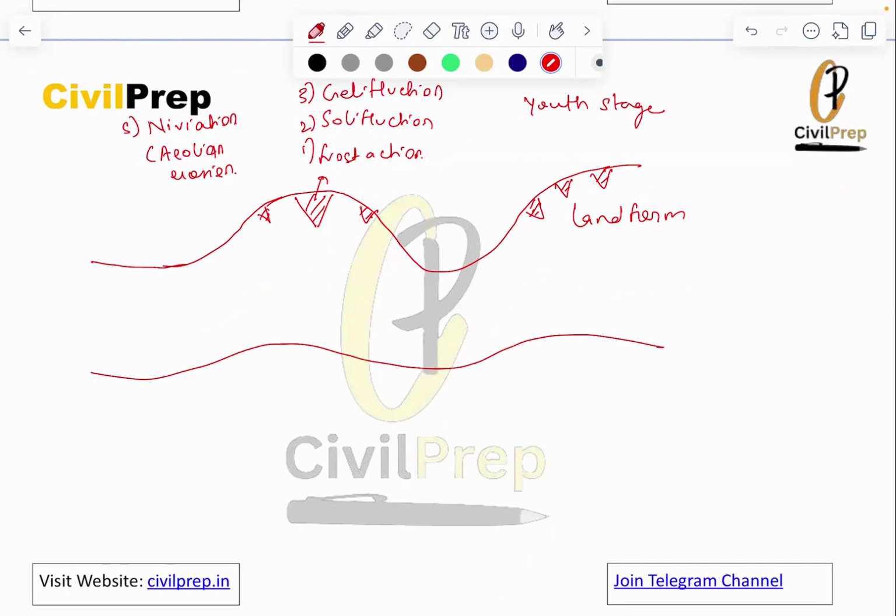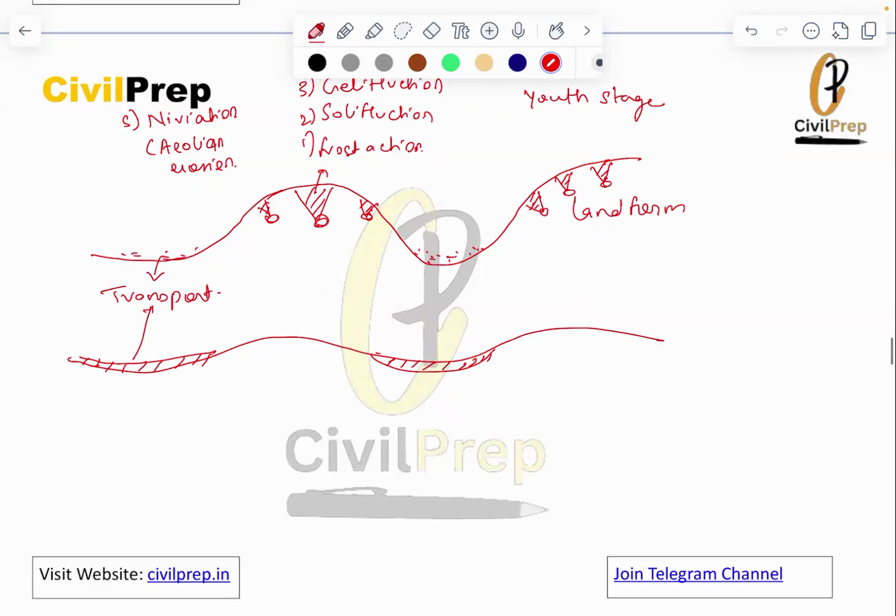And whatever erosion is taking place here is also deposited in the nearby regions by the process of transport. So this is happening in this stage one. This is number one, youth stage. Then we have the mature stage.